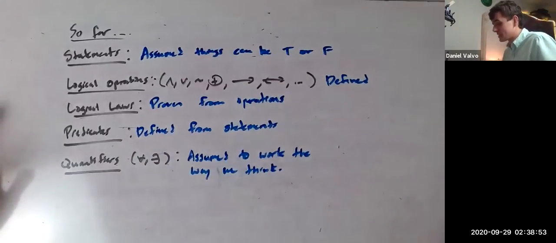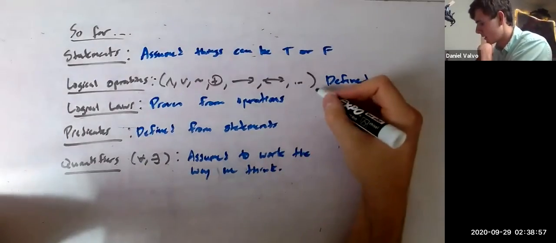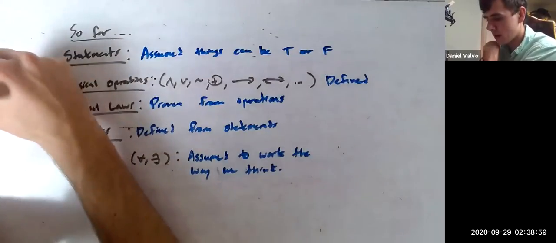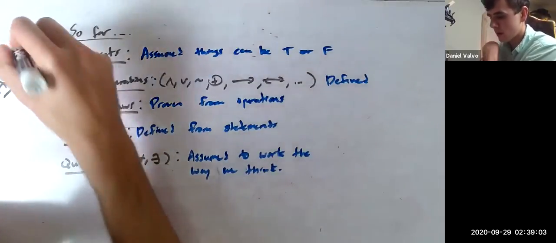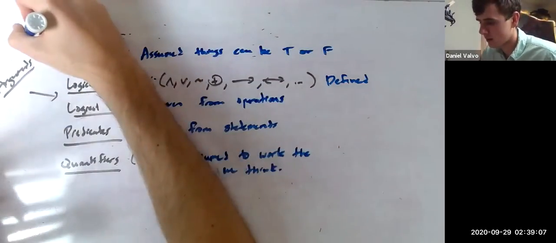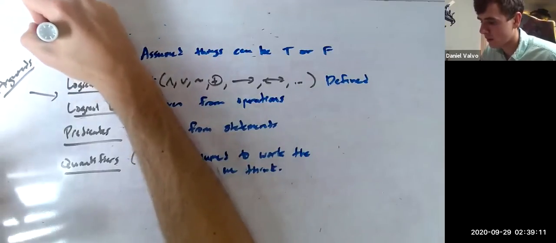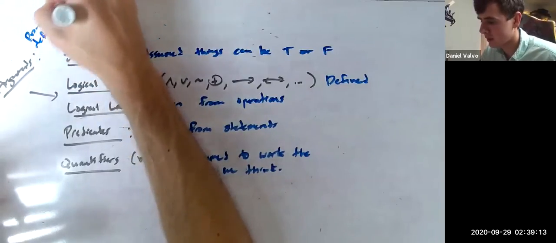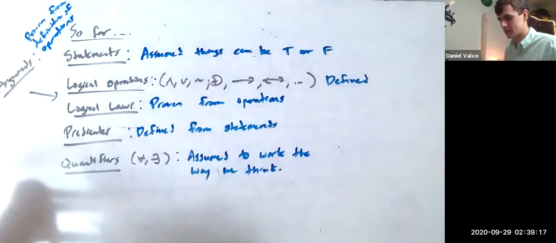The point is, oh, and I forgot arguments. I should go in here somewhere. And these are proven from truth tables, from the definition of operations.